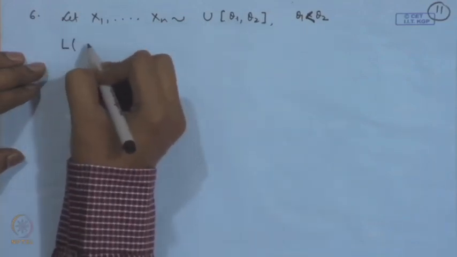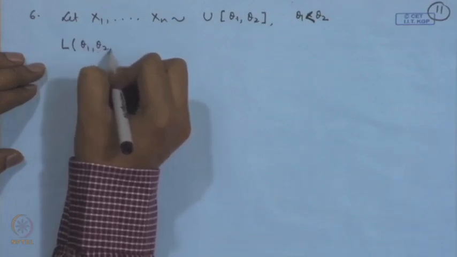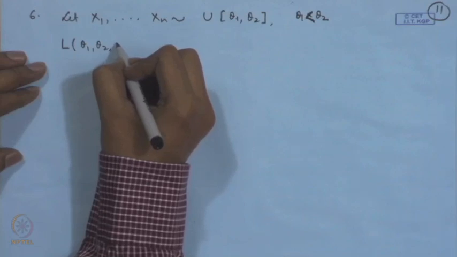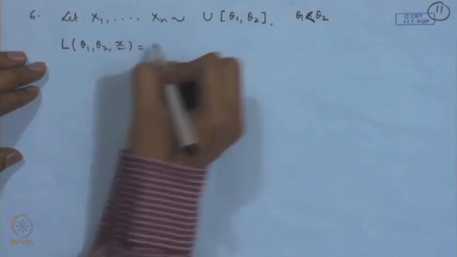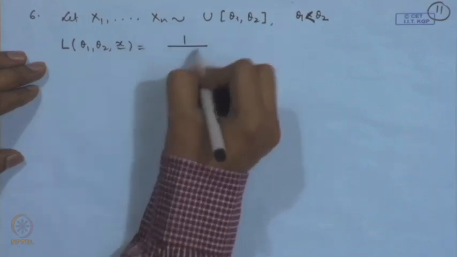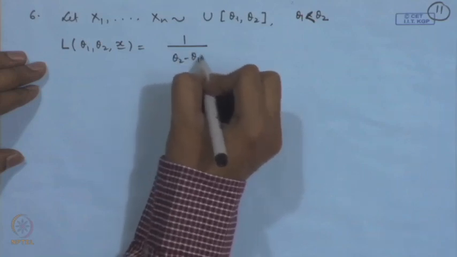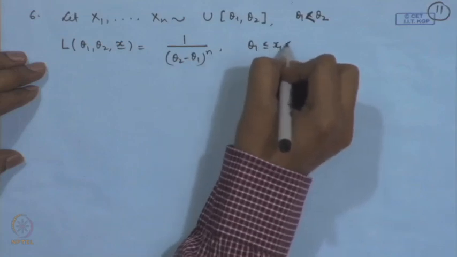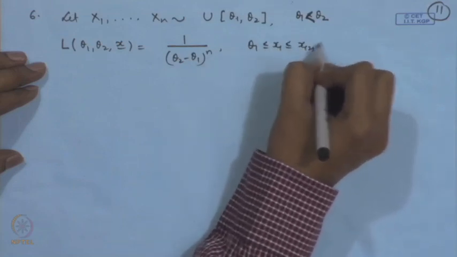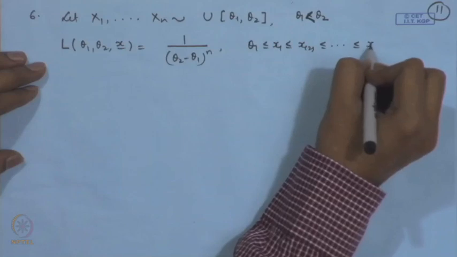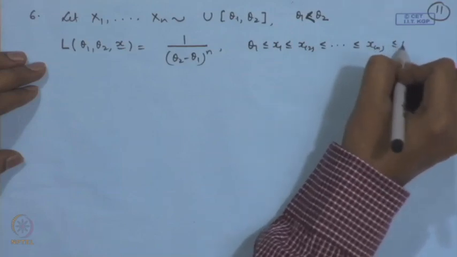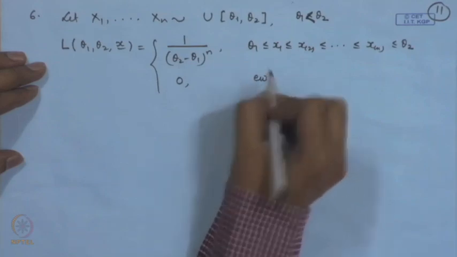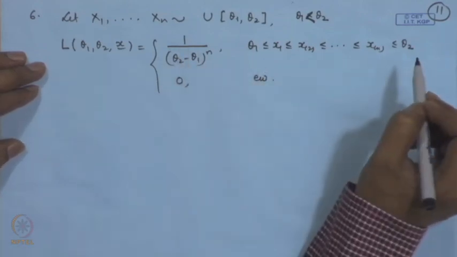So, as before we consider the likelihood function and this will be equal to 0 elsewhere.